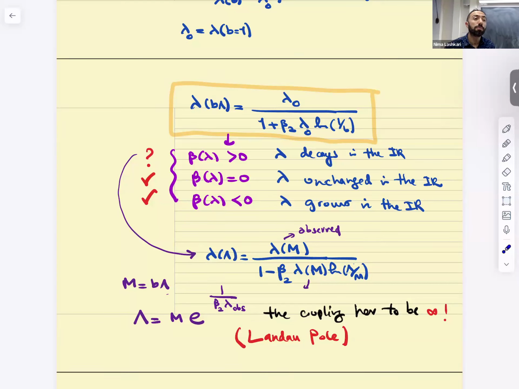Do you hear the word Landau pole? It's referring to the fact that you have a theory that had an irrelevant coupling. You measure the value at this scale, but you know that at large enough energies, your naive one loop analysis says it must have been infinite. That's called Landau pole.